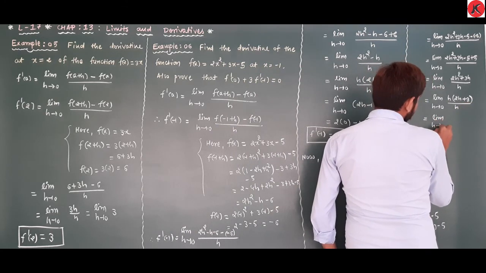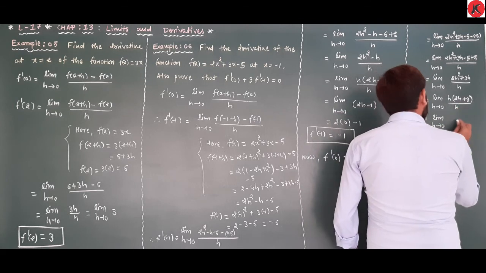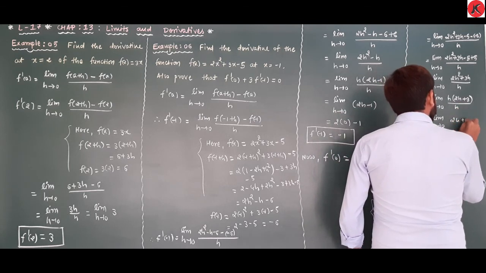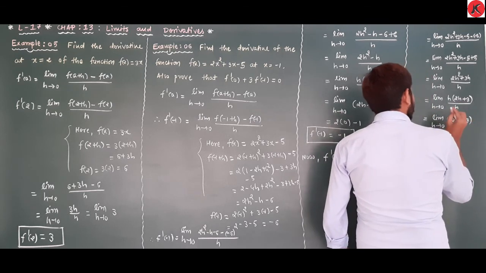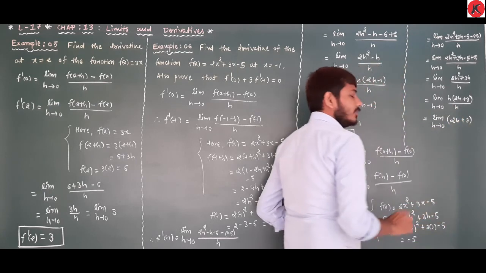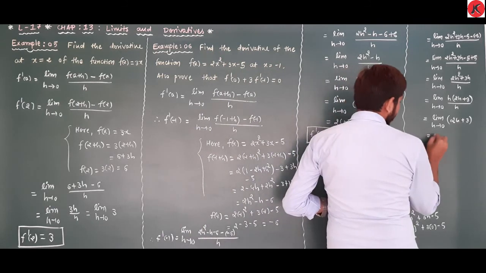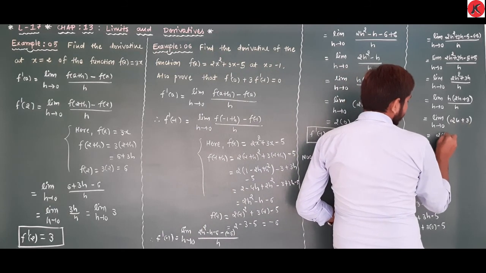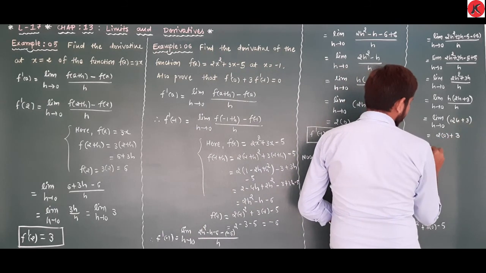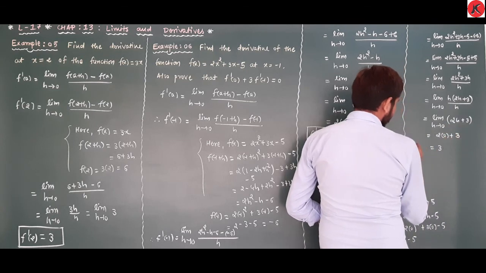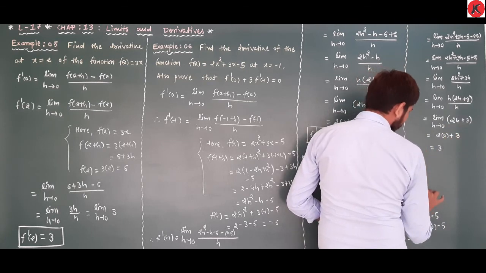The limit h tends to 0 of 2h plus 3. Now the denominator is 1 and we can put the direct limit here. Therefore we are getting the answer 2 into h, meaning 0, plus 3. Answer is plus 3. Is it clear?